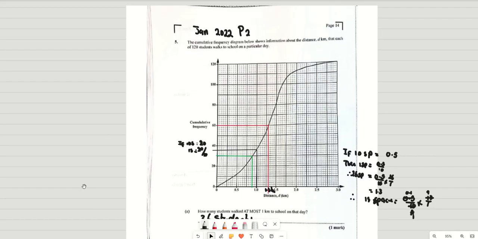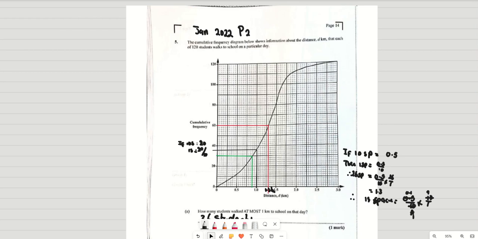That's 90. Alright, so your upper quartile is actually 90. So 90 would be between here, 80 and 90.